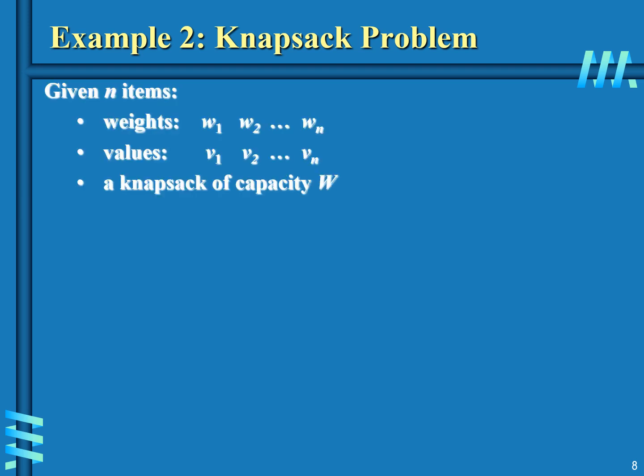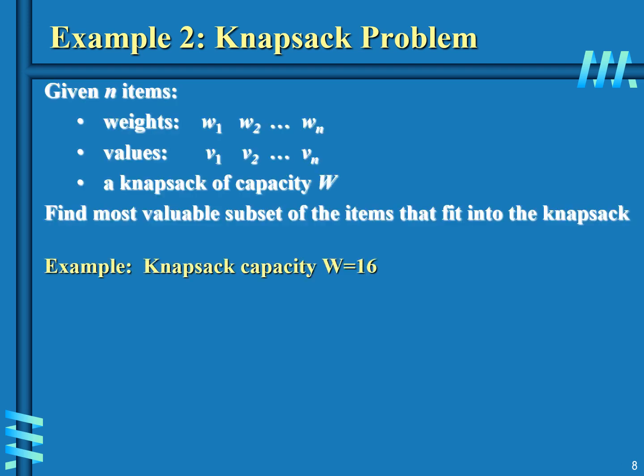The next problem is the knapsack problem. Given n items with weights W1 to Wn and values or profits V1 to Vn, and a knapsack capacity W, the problem is to find the most valuable subset of the items that fit into the knapsack.